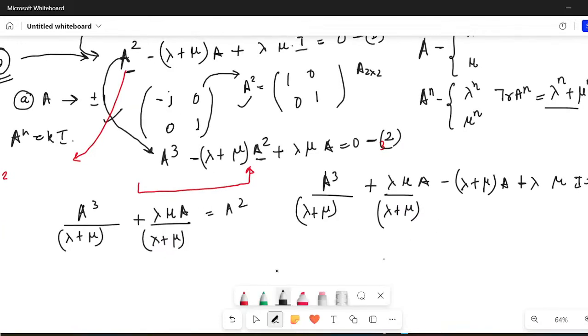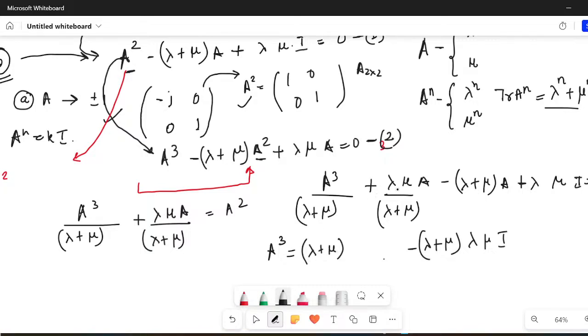I will simply get from here A cube to be equal to what? I think this lambda plus mu would go here, so I'll get a negative of lambda plus mu into lambda mu identity, right? This is 1. This is 1. And then here I can write lambda plus mu.